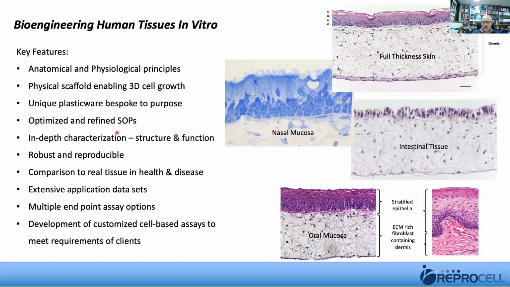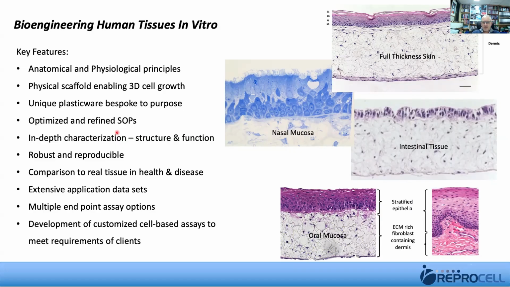Standing behind each of these models is a refined standard operating procedure, so a set of methods that have been optimized and refined. Each of the models has had in-depth characterization in terms of their structure and function. They are reproducible and robust.